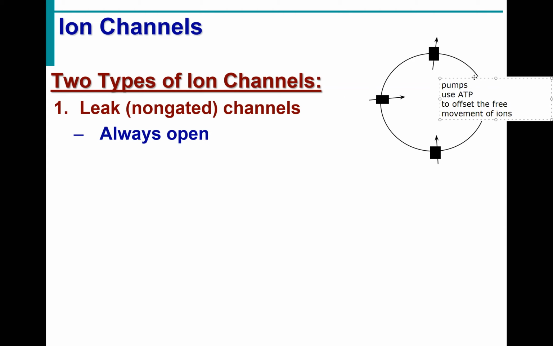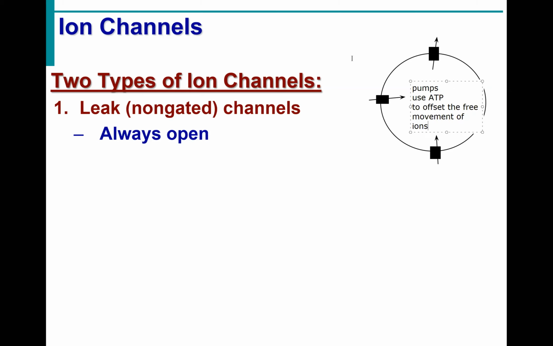And again, equilibrium is when those pumps and the free movement of ions are equal to each other. It's what makes the cell happy. It's what keeps the cell at equilibrium. But like I said, it doesn't allow us to do work, because to do work, we have to be able to change. And that's the key. Leak channels do not change. And if we can't change them, we don't do work.